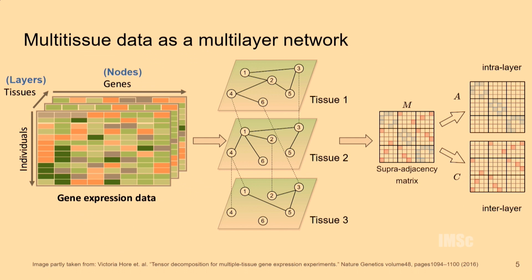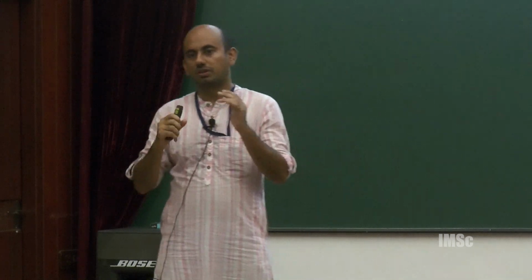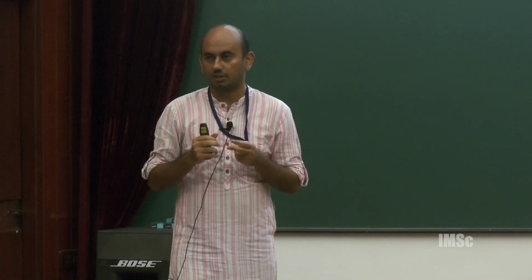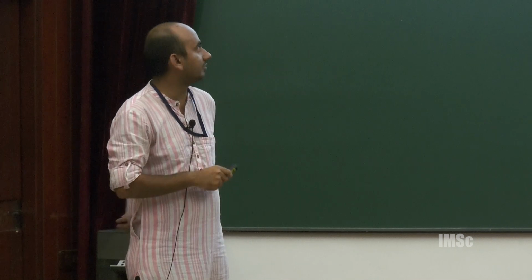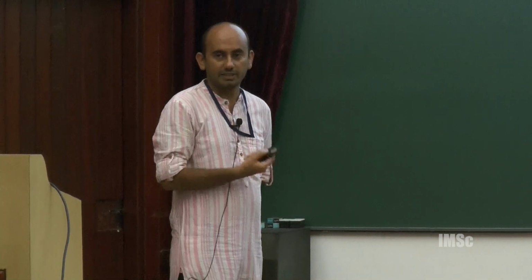Okay, so this data can be represented by 3 tissues, 3 layers, and because we want to capture the impact of genes which goes outside tissues. In a way, we are also saying that we want to capture the impact of genes which stays within tissues, right? So we want to characterize this within and across tissue effect. For that, we represent this multi-tissue network by what we call a super-adjacency matrix.